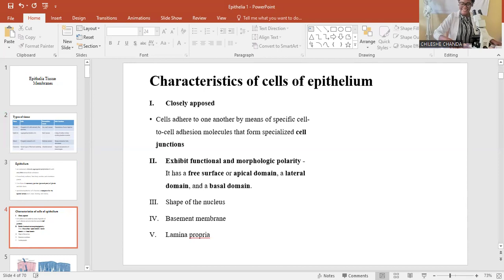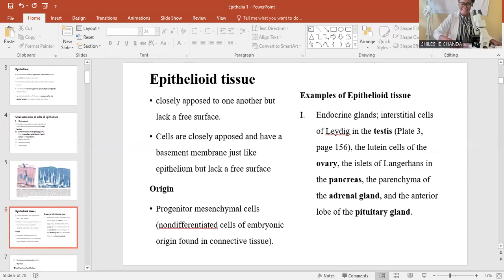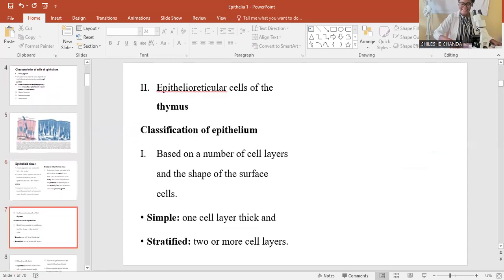And so that is one way you're going to manage to identify what epithelial tissue you're looking at, by just seeing where the nucleus is and the shape of the nucleus. It will be able to show you. We also talked about other types of epithelial tissue, which are not sheets, but they're aggregated together.